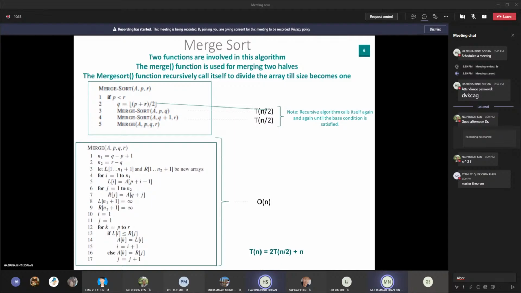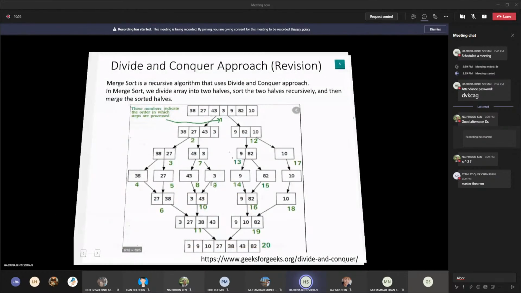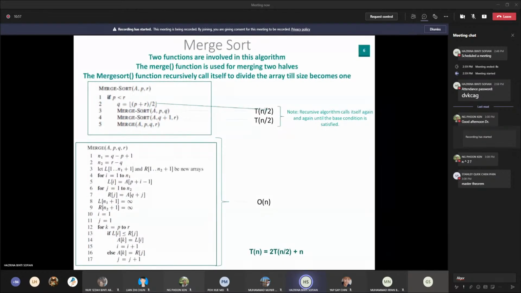Substitution. Substitution and 3. Okay. N power of 2. I'm not so sure. Which question are you? Oh, the time complexity. Okay.